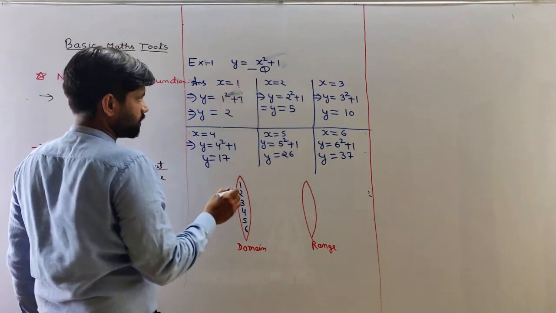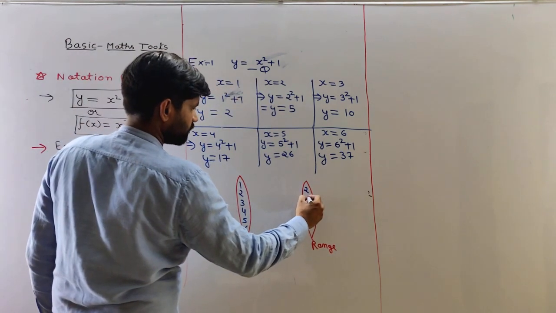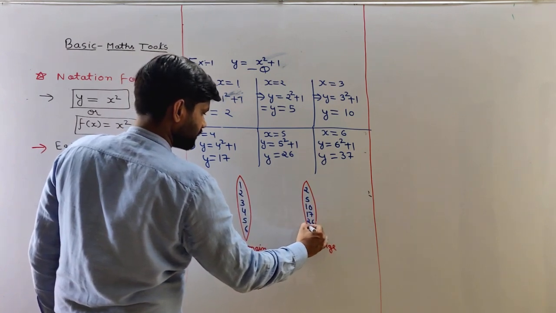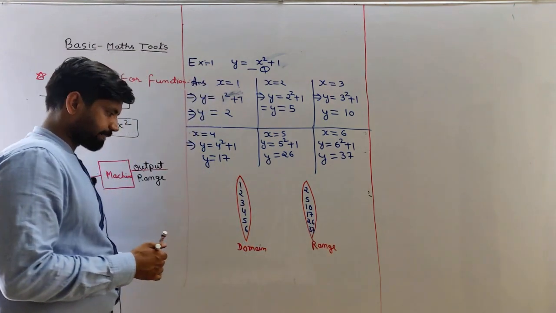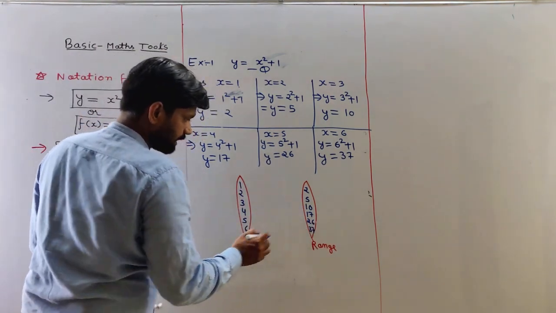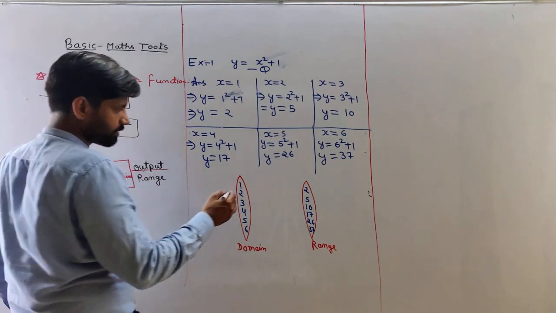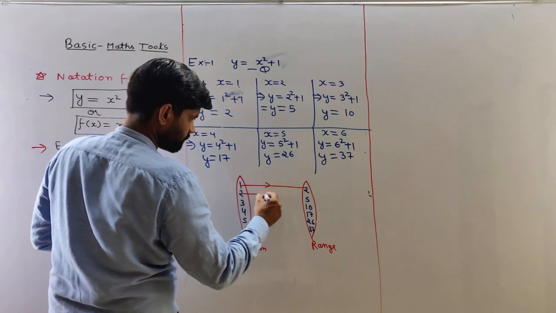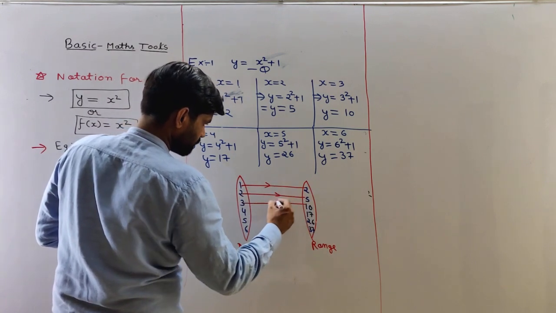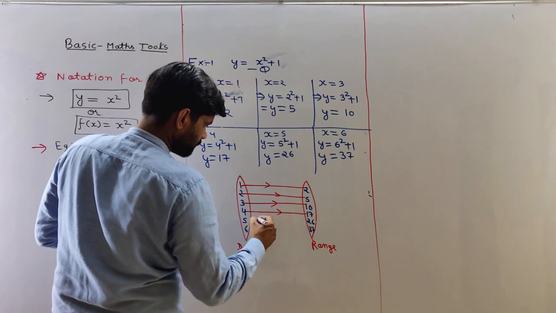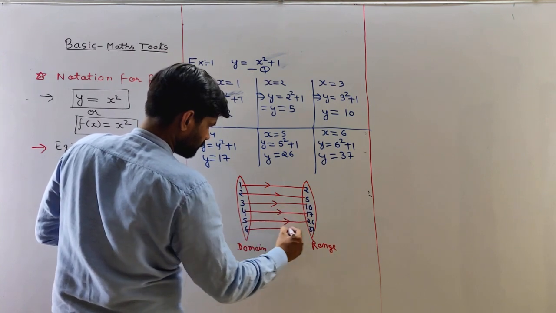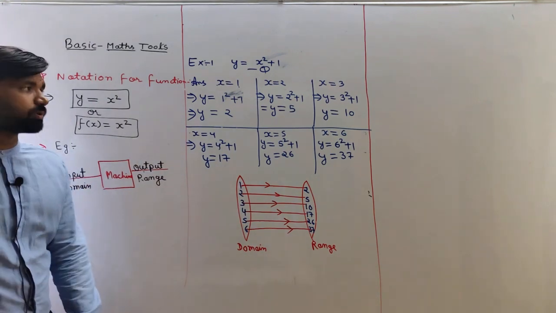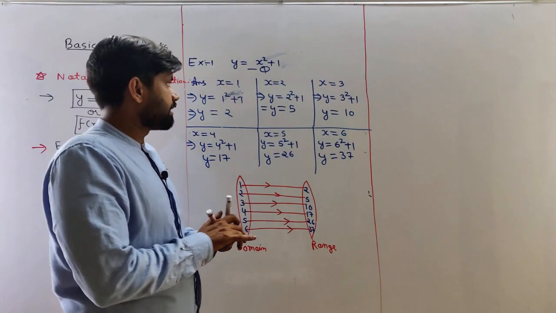So when we put these x values, we get 2, 5, 10, 17, 26 and 37. So these are the domains and these are the ranges. Understand students? So take another example.